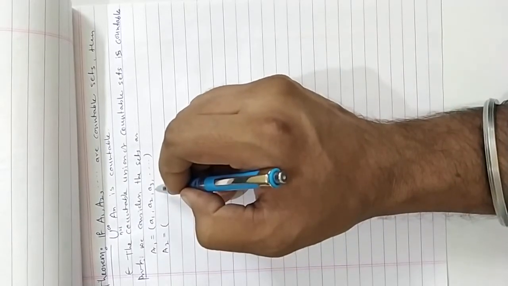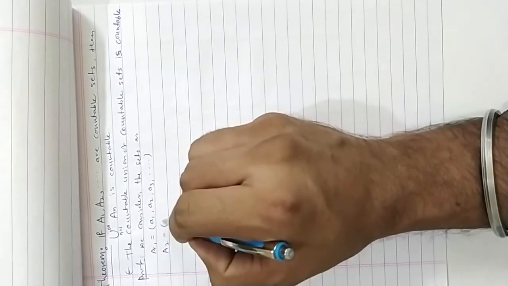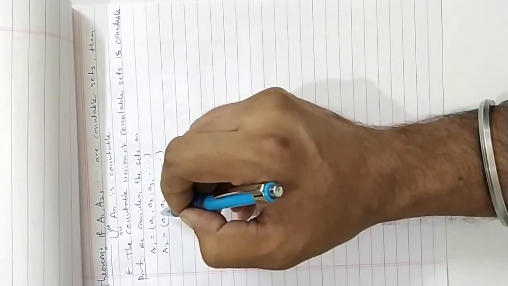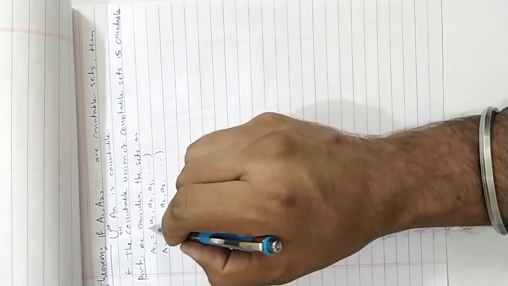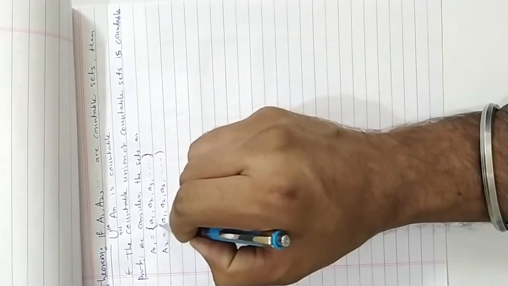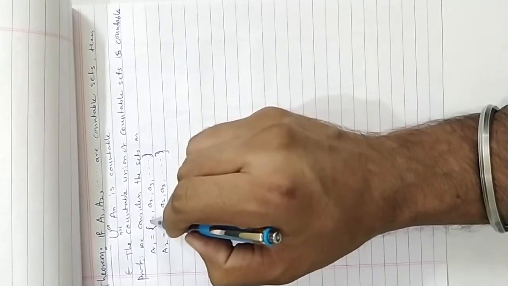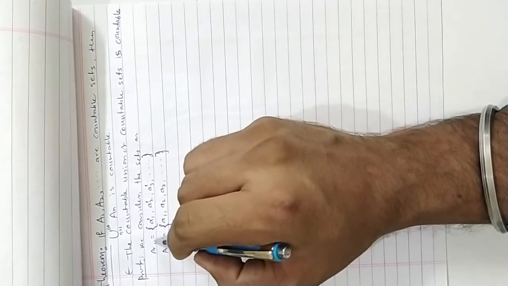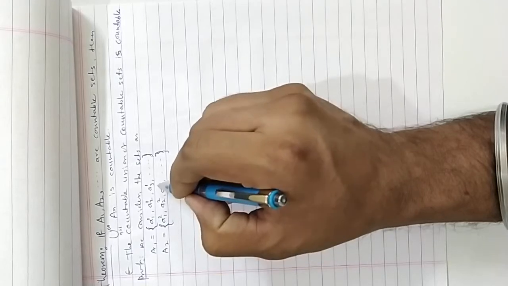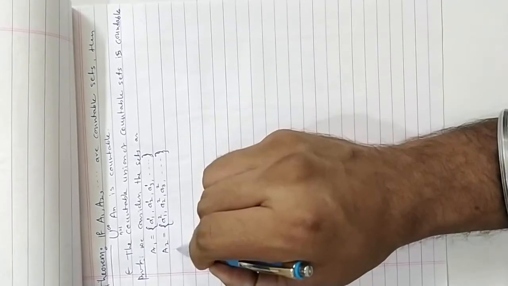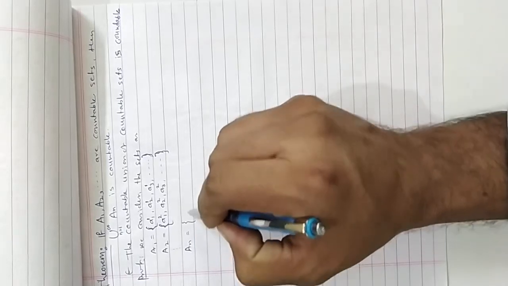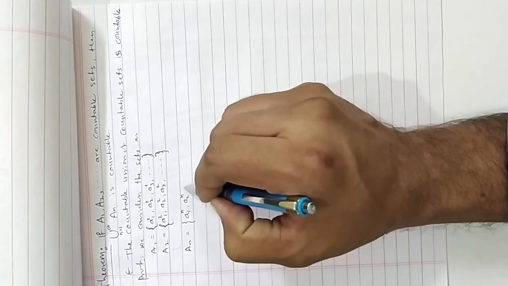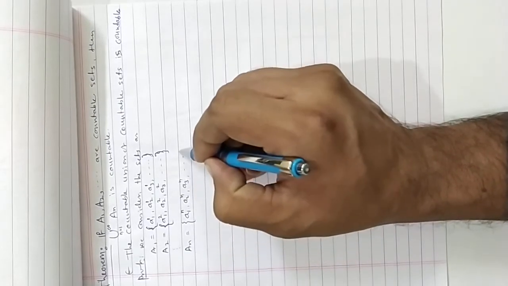To identify the elements of the sets, I will repeat the elements, and to identify whether they are elements from the set A1 or A2, I will mention it here. So these are elements from the first set A1, these are elements from the second set A2, and similarly An can be identified with elements a1, a2, a3 from the set An, right?